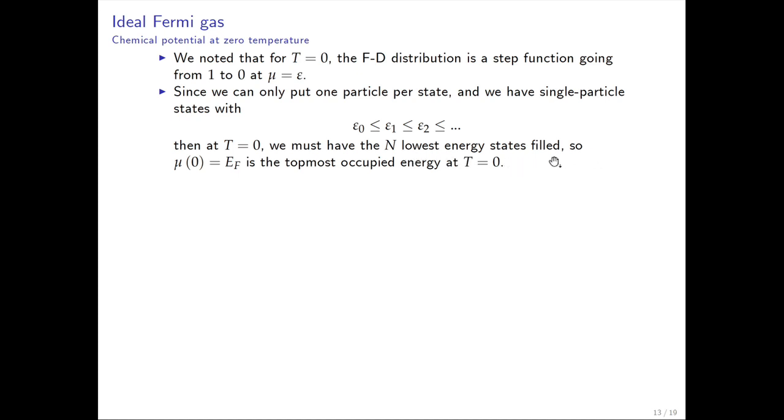So in order for this Fermi-Dirac distribution to describe our system, we know that at 0 temperature, mu has to be the Fermi energy. And I probably should use little epsilon here because I used that in the rest of the lecture, but that's the Fermi energy. So basically, the chemical potential is the Fermi energy, which is the topmost occupied level at t equals 0.